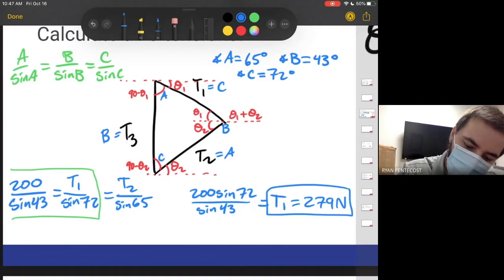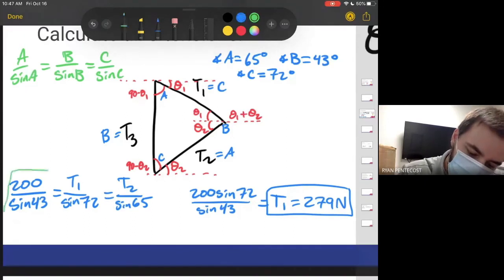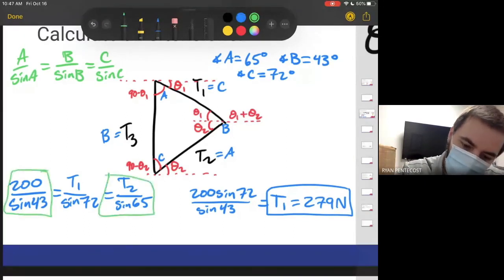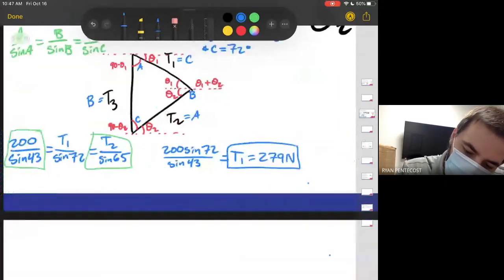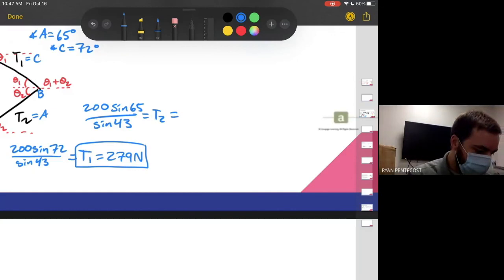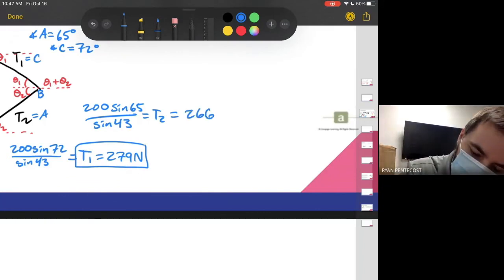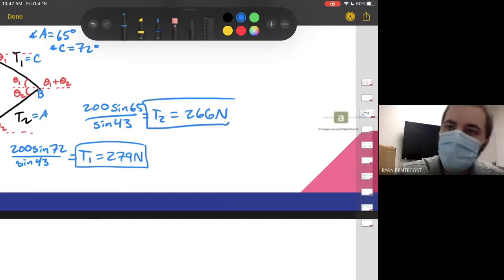Now, what you can do is solve this equaling this. To find that, we have 200, multiply your sine 65, divided by sine 43, that gives you T2. If we do that, we have sine 65, that gives you 266. Here we go. Both methods are going to work on that.